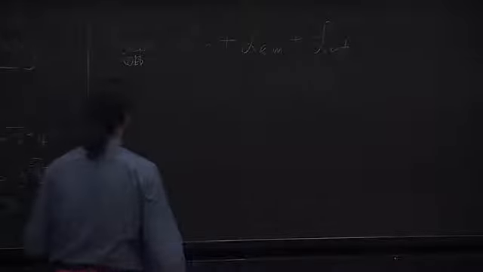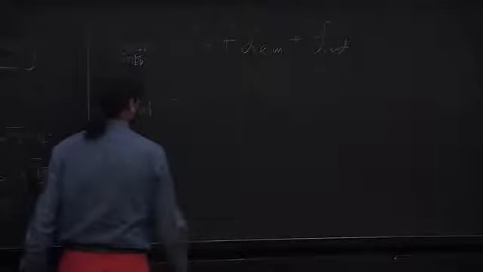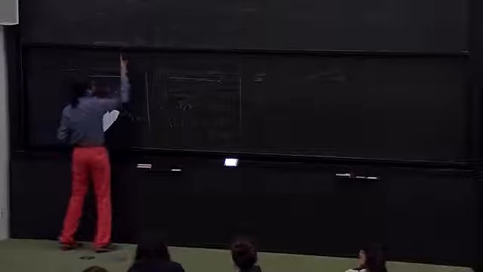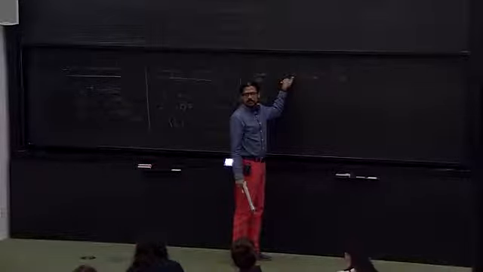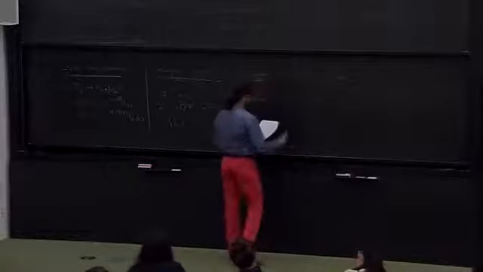And the interaction part, you can guess by analogy, will have a current that is associated with the global phase symmetry of this Lagrangian. And I think you did this in Dan's course.